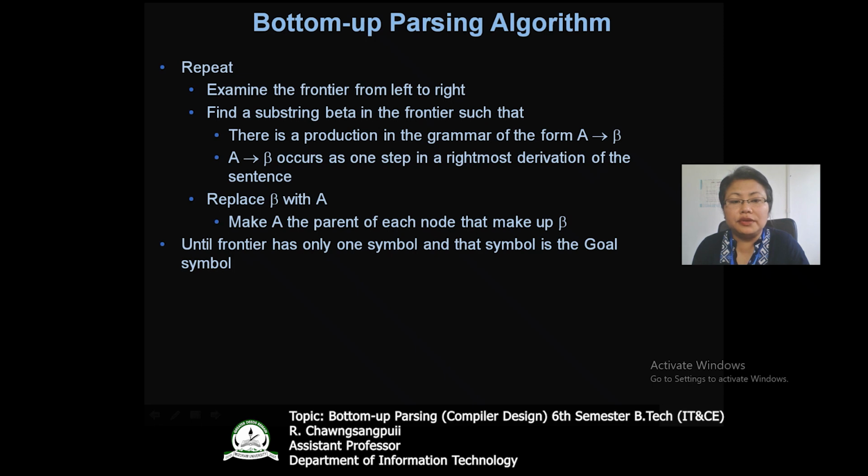If you have a grammar, all the productions will be of the form A can have the form beta. A can have the form beta occurs as one step in the rightmost derivation of the sentence, and we are going to replace the beta with A and make A as the parent of each node that makes up beta. So all these things have to be repeated until the input has only one symbol, and that symbol is also the start symbol.